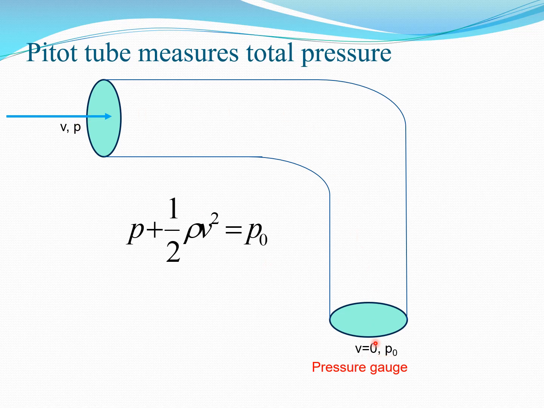So between these 2 points, I can write Bernoulli's equation as P plus half rho V square equals P0, and from this equation I can calculate P0 because P0 is the pressure which is going to be measured at a pressure gauge which is put at this point. So essentially what the Pitot tube does is that it brings the flow to a standstill and at that point it takes the pressure, so it essentially is able to calculate the total pressure in the flow.